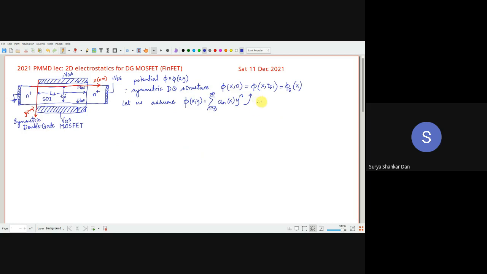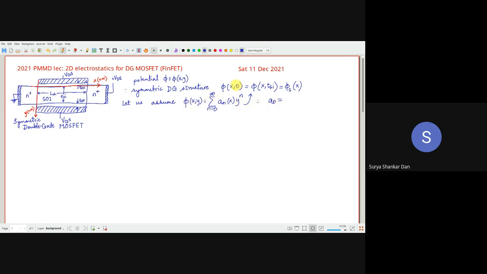Therefore, phi(x,0): if you notice, n equal to 0 is a0, there is no y term. So it is a0, and the other terms will be a1 y plus a2 y square plus a3 y cube and so on.